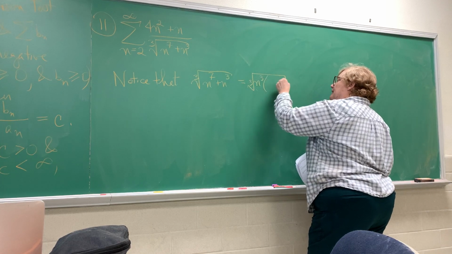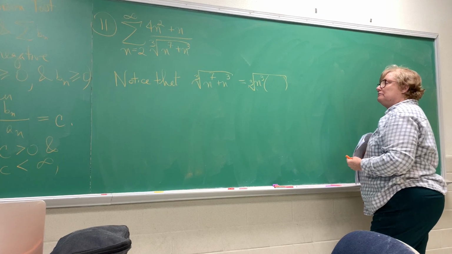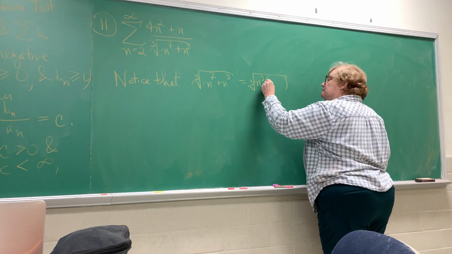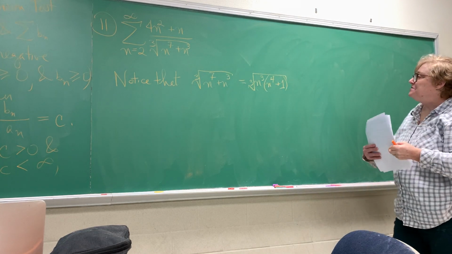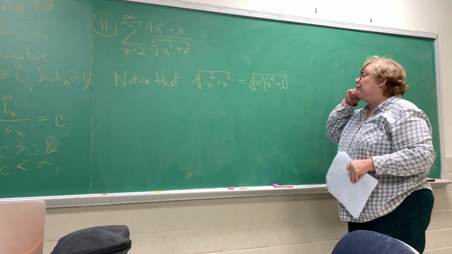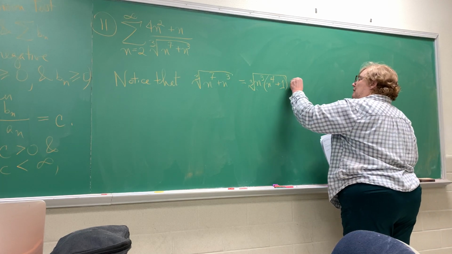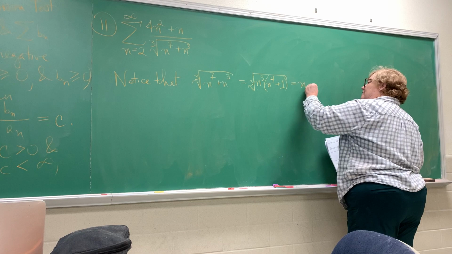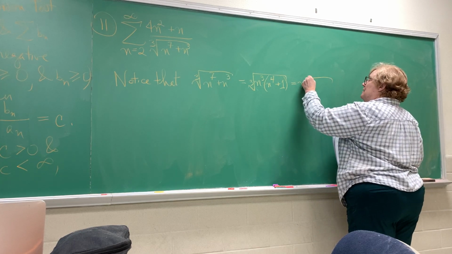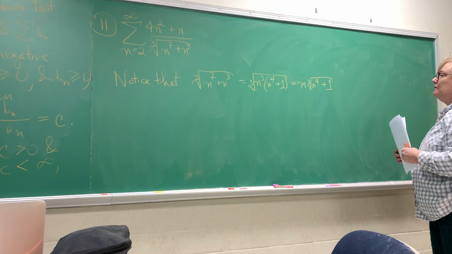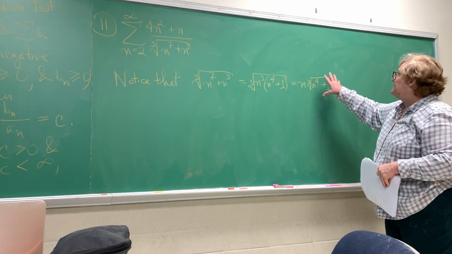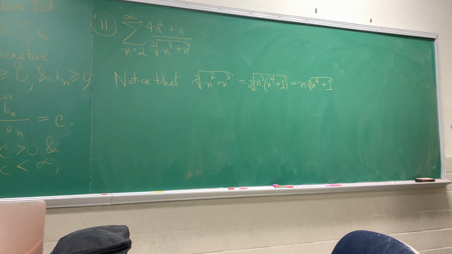So I can factor that out. What's left? Good. And this is nice because we've got a perfect cube. Cube root of n cubed is n, because it goes n to the 1/3 times 3. And then n to the 4, so it'd be 4/3, plus 1. I'm leaving the second part under the root, but I've got an n that comes out. And that'll be nice for us.